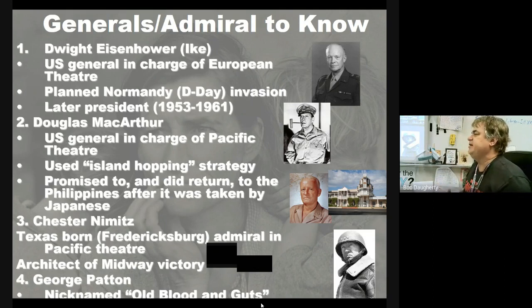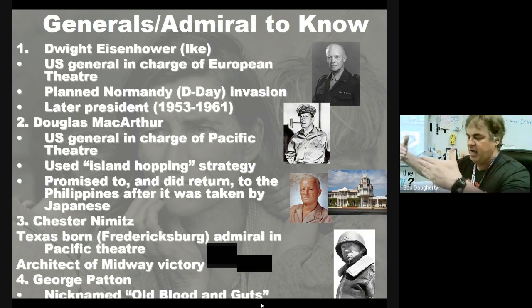Now, towards the end of the war, as we were about to go into Germany, it looked like the war was going to be over by Christmas, that the Germans were folding. But what they were doing is they were holding back a lot of their best equipment, some of their best troops. And under the cover of fog and bad weather, the Germans launch an attack and they drive a big bulge in the Allied line.